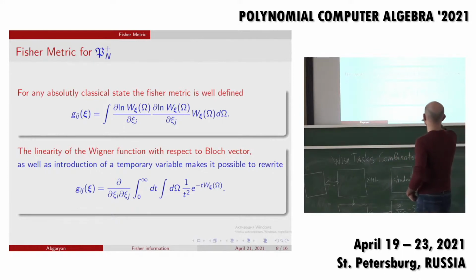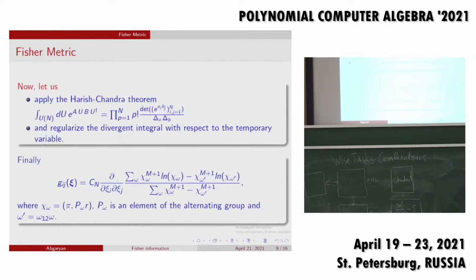How to do it? It is more or less easy to show that this matrix may be represented in this form, which is very good, but however, it is divergent. But let's keep this problem for a minute.